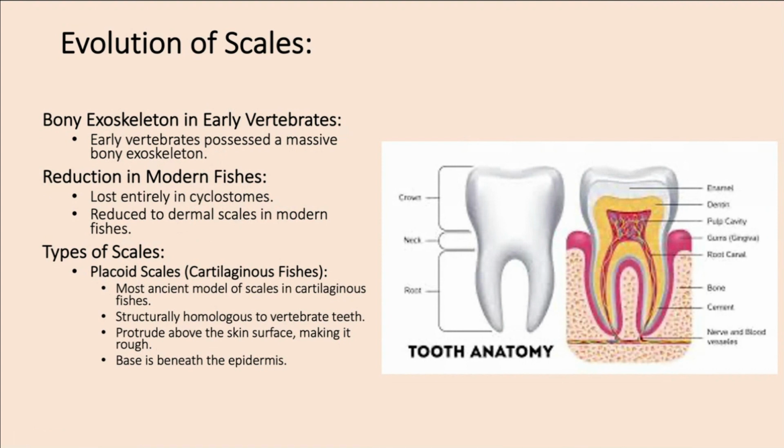Now the modern fishes have got less. So before, the older fishes had a lot more, and now they have a lot less. And we spoke about this already. So we said that the placoid scales, which can be found in cartilaginous fishes like sharks, are homologous, meaning that they're basically the same in structure as the teeth of the vertebrate.